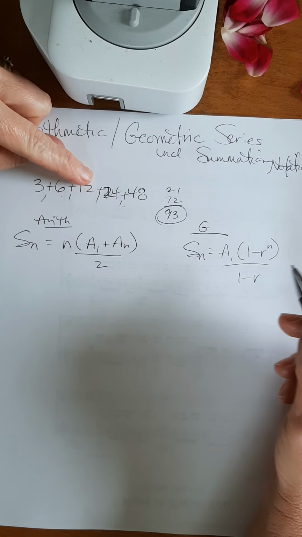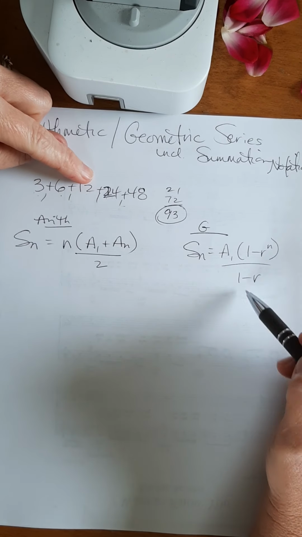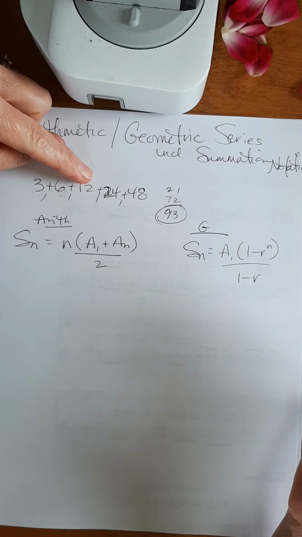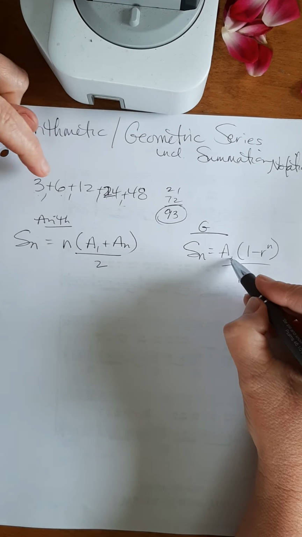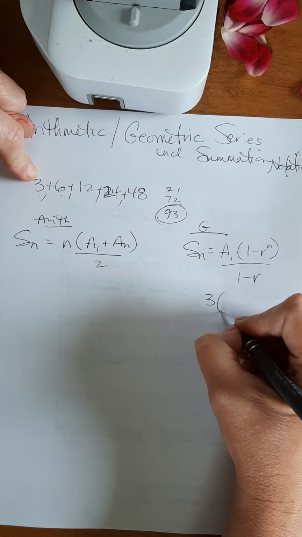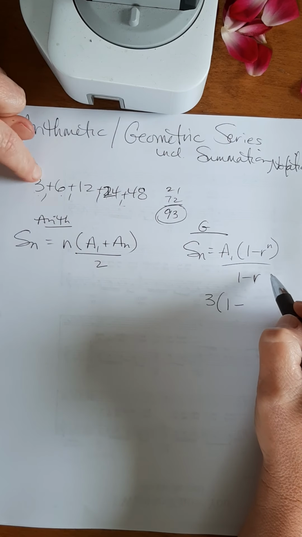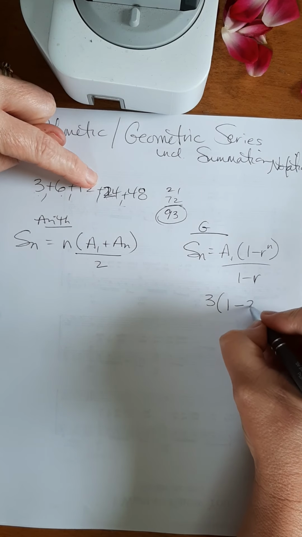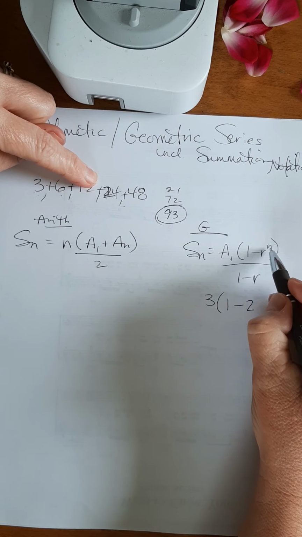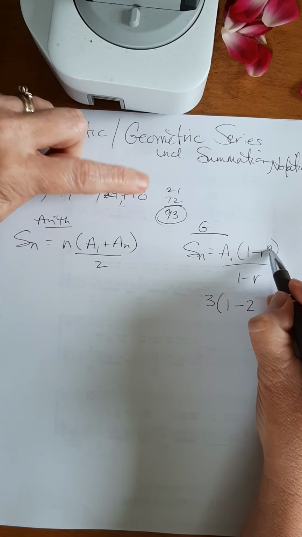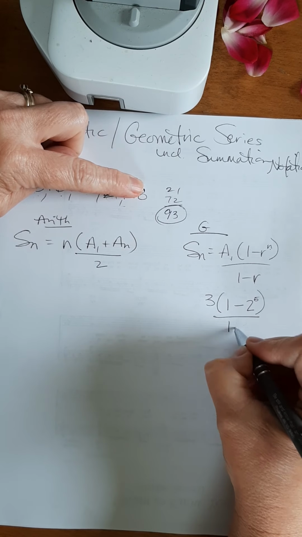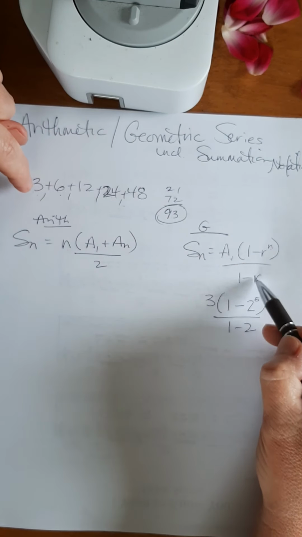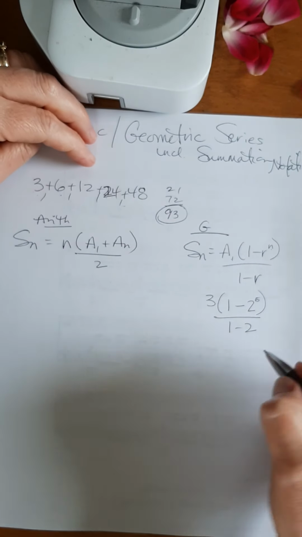So since this one we said was geometric, let's plug in the formula just to verify it works, and so you can see how to plug it in. First term, 3. 1 minus ratio, which was 2, to the fifth power, all over 1 minus ratio, which of course was 2.